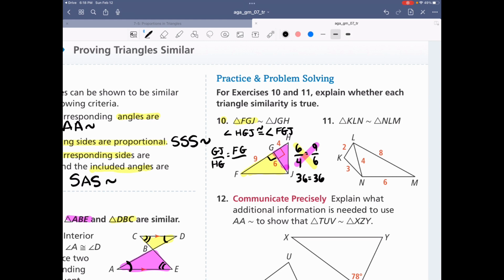And then the 6 was GH. So since we have an angle in between the two sides, then we can say that they are similar. So similar by side-angle-side similarity.